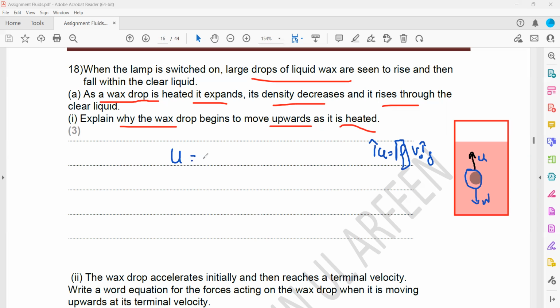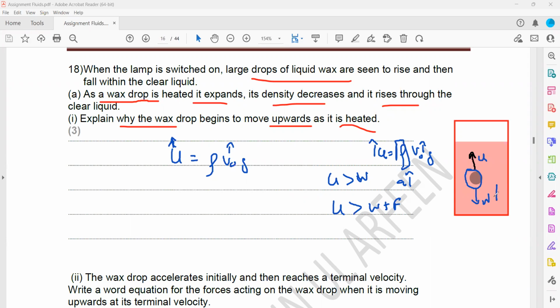Because the upthrust equals the density of the fluid times the volume of the object times gravity. If volume increases, the upthrust increases. The weight is not changing, so now the upthrust is more than the weight, and that is causing an upward acceleration. Or you can say the upthrust is more than the weight plus the viscous drag.